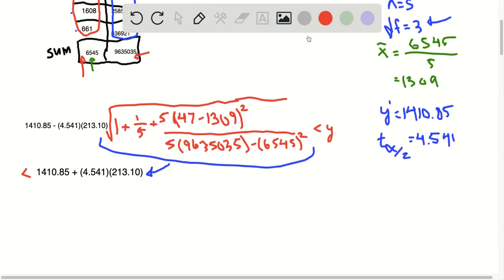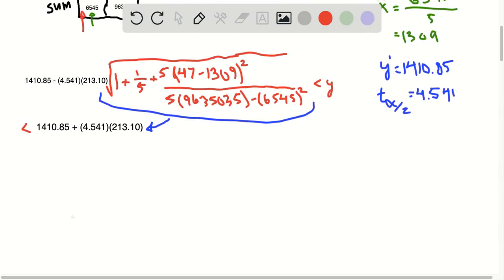And then plugging all of that into a calculator, we find that our prediction interval is 280.697, which is less than y, which is less than 2,540.621.